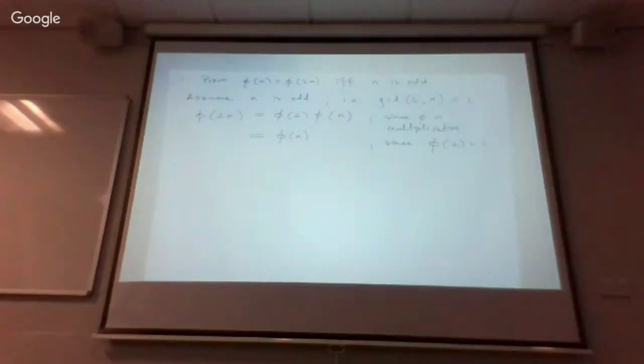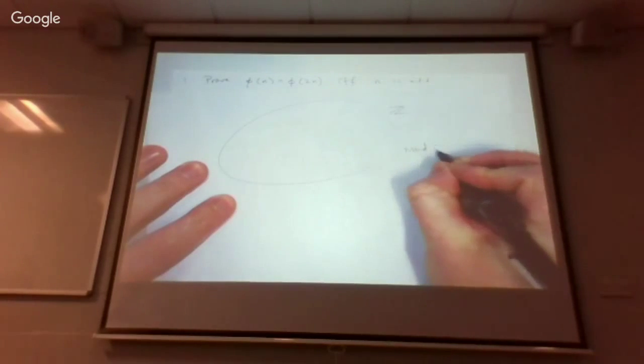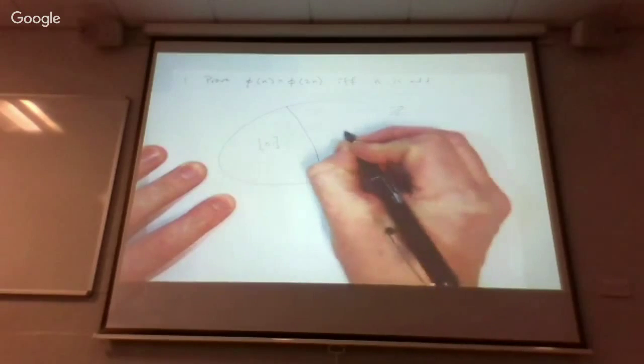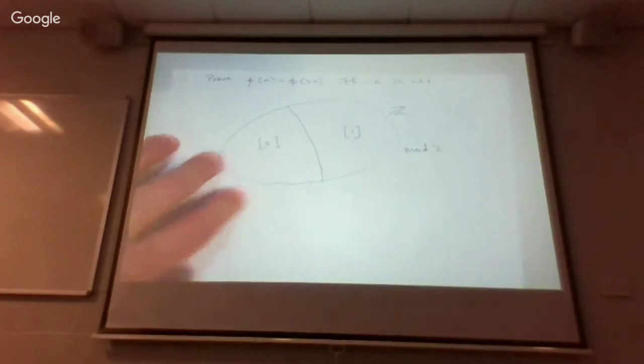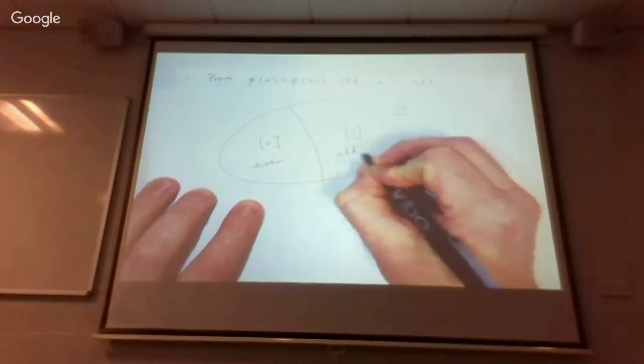When you consider the integers modulo 2, you just get two congruence classes. The congruence class of 0 and the congruence class of 1. The even integers over here and the odd integers over here.